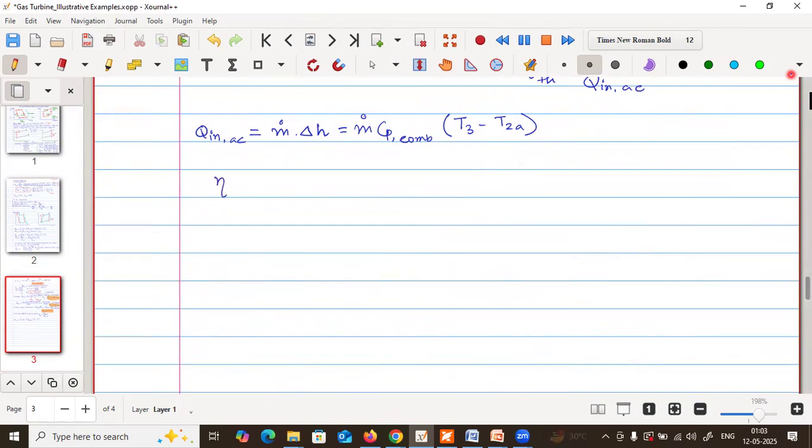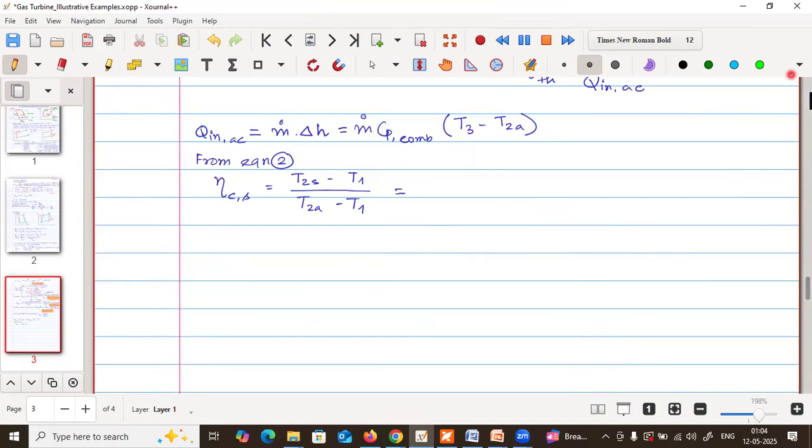From that equation, I think equation 2, the efficiency is equal to T2S minus T1 divided by T2A minus T1.